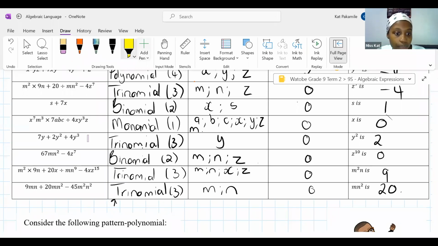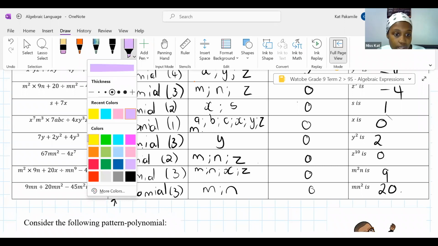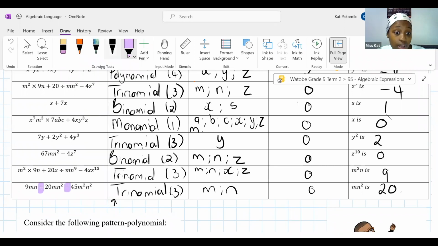Remember, terms are separated by pluses and minuses, right? That means we have term number 1, and then we have a separation. Then term number 2, and then we have a separation. Then term number 3. Is that what is confusing you? Yes. Okay, I hope I answered your question. Thank you very much. You're welcome. Okay, I think we are all on the same page now.